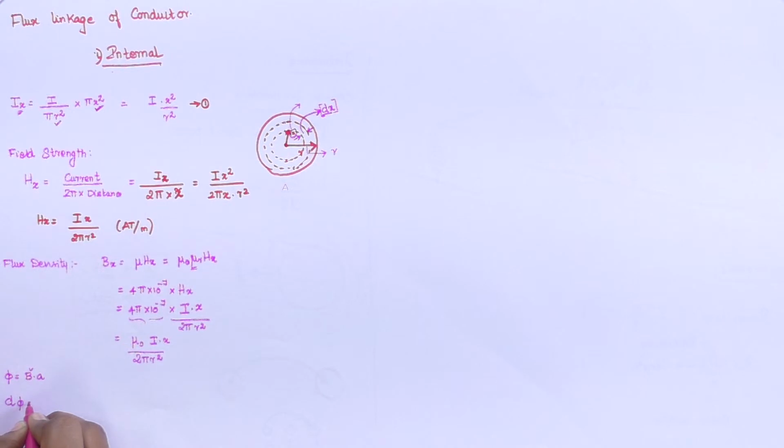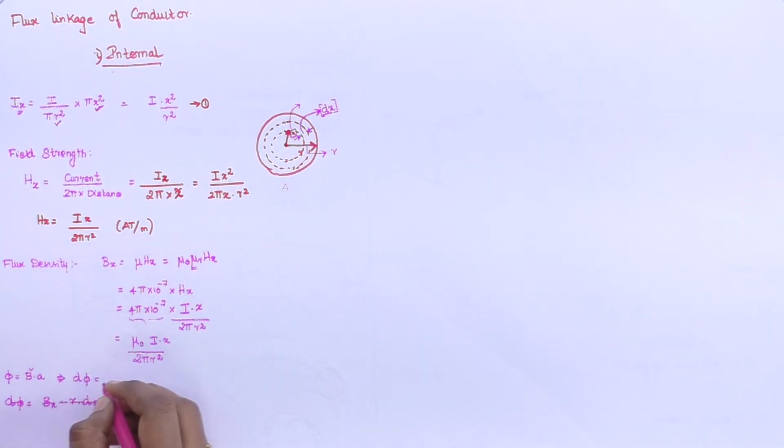So d phi is equal to Bx into the area. The area is the length L into the change in distance dx.